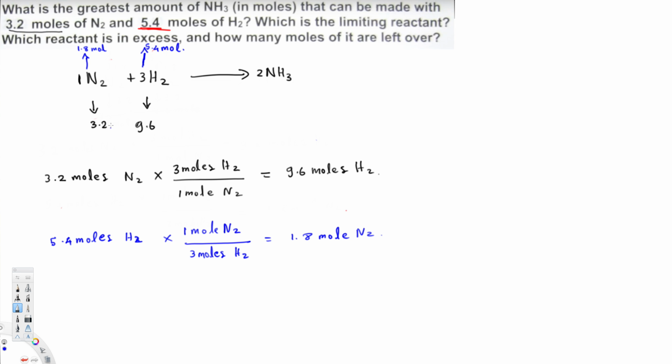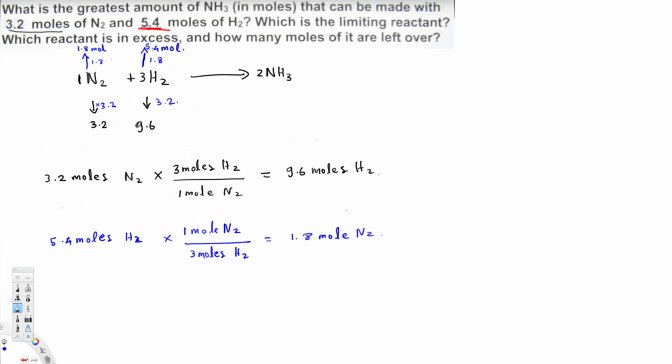So according to this information, it's similar to multiplying this one by 3.2, this one by 3.2, and this one also by 3.2. This is similar to multiplying this one by 1.8, 3 times 1.8. So that's the relationship, and let's see. If we have 3.2 moles of N2, we need 9.6 moles of H2 to finish this thing.